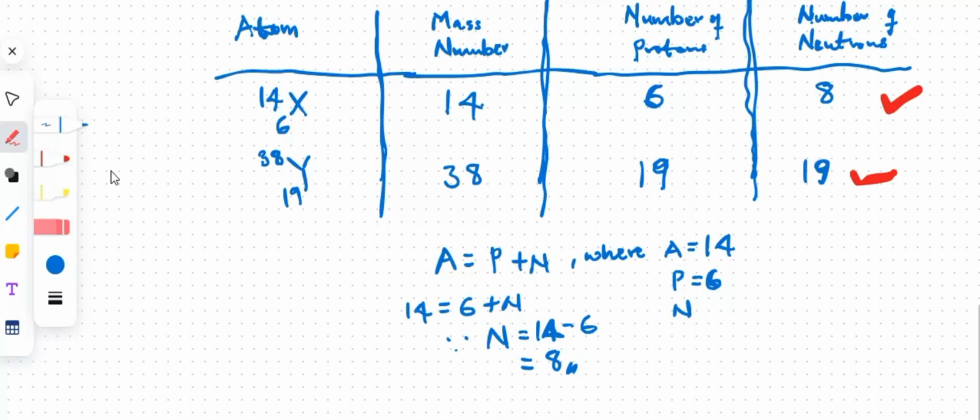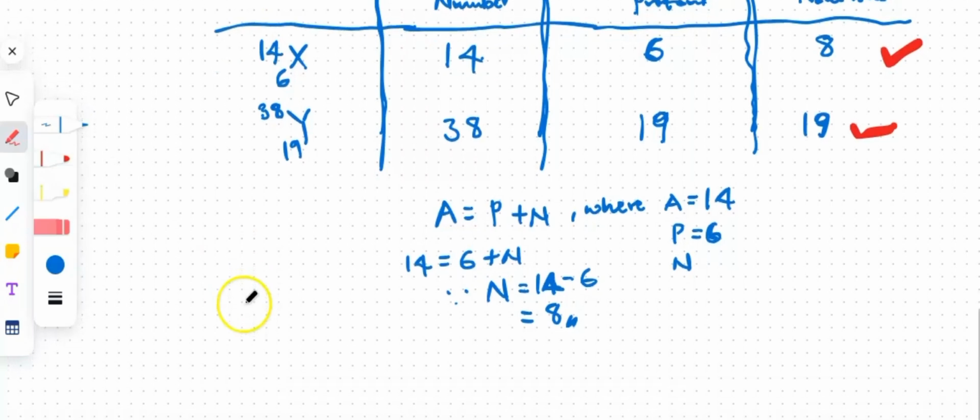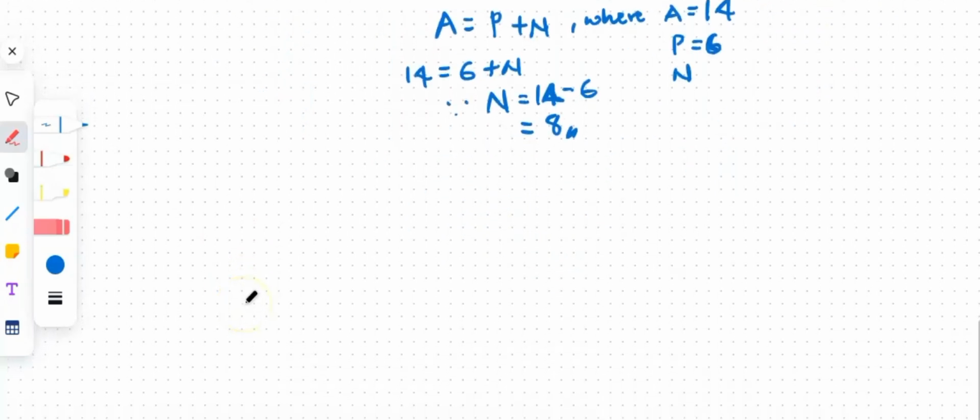We will see other examples as we move on, but quickly let's look at the role electrons have to play here. Sometimes they can give you another column and tell you the number of electrons. Like I said, I will give you one statement that will change everything.